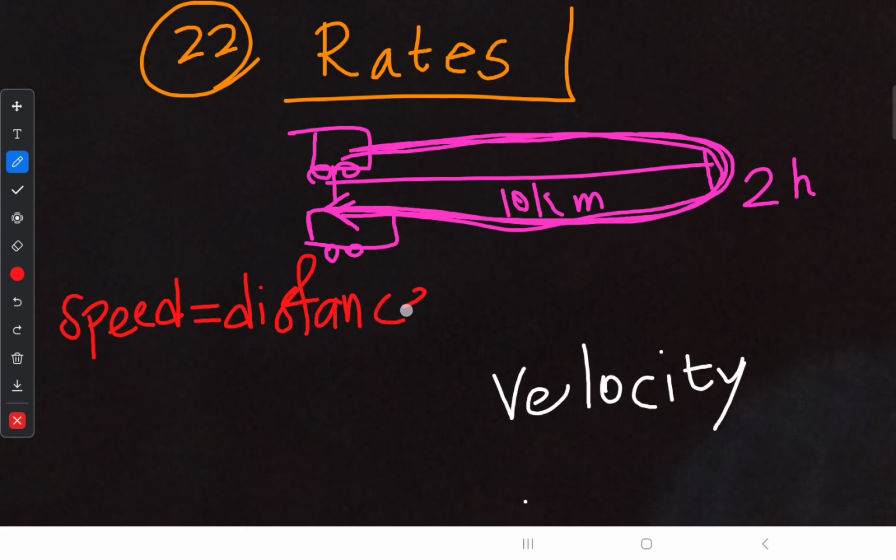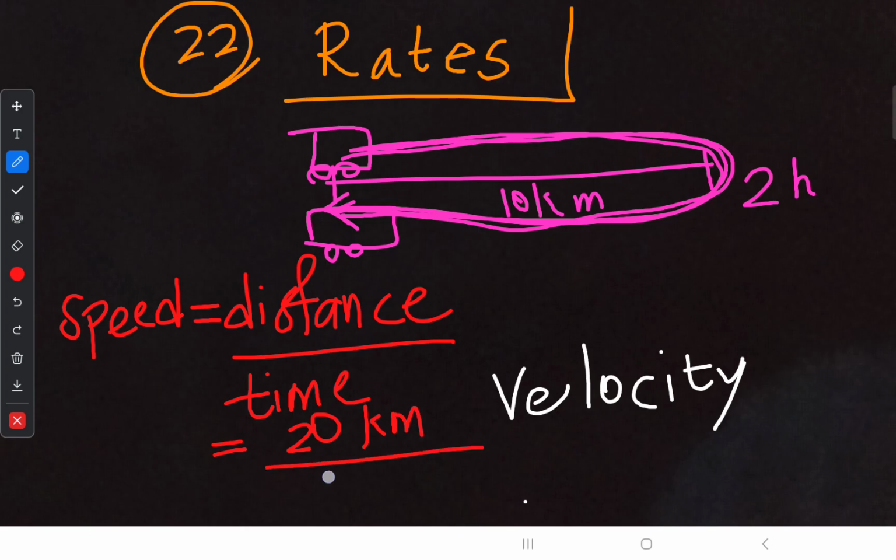How much distance was traveled? Totally 20 kilometers, upon time 2 hours. So the speed for this particular travel is 10 kilometers per hour.